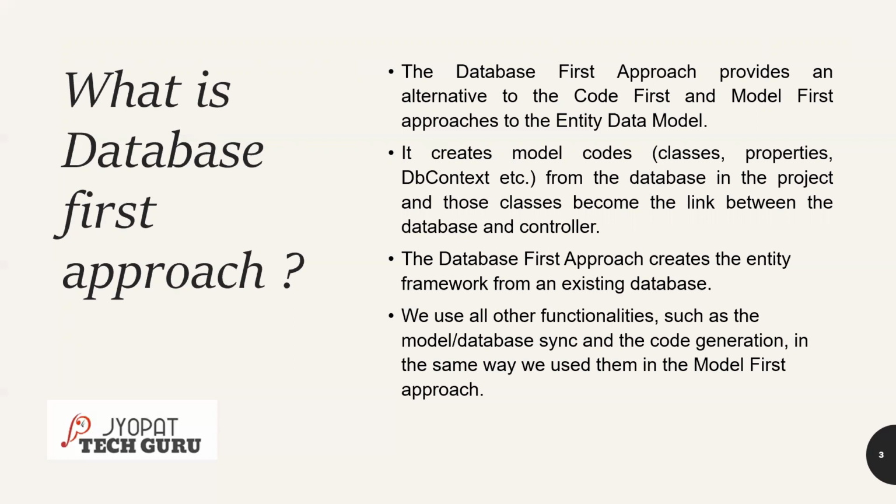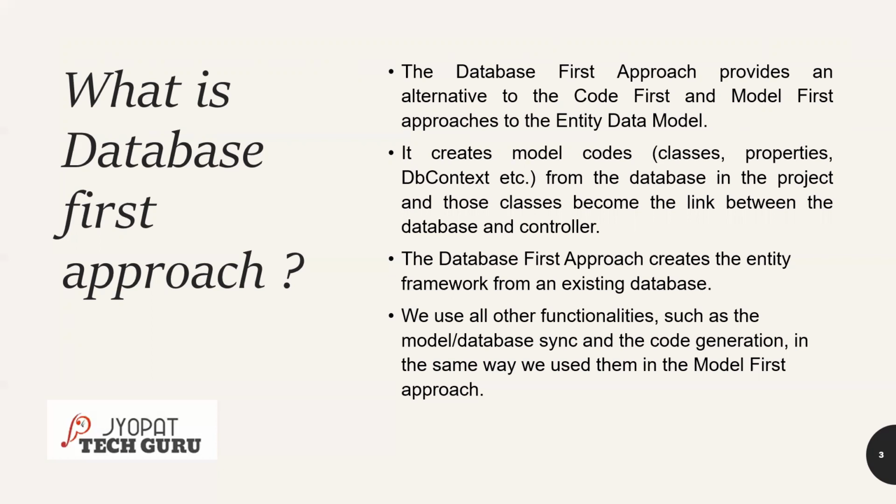The database first approach creates the Entity Framework model from an existing database. If you already have the database and a number of tables in hand, you can generate the respective classes with the help of Entity Framework. We use all other functionalities such as model or database sync and code generation in the same way we use them in the model first approach.